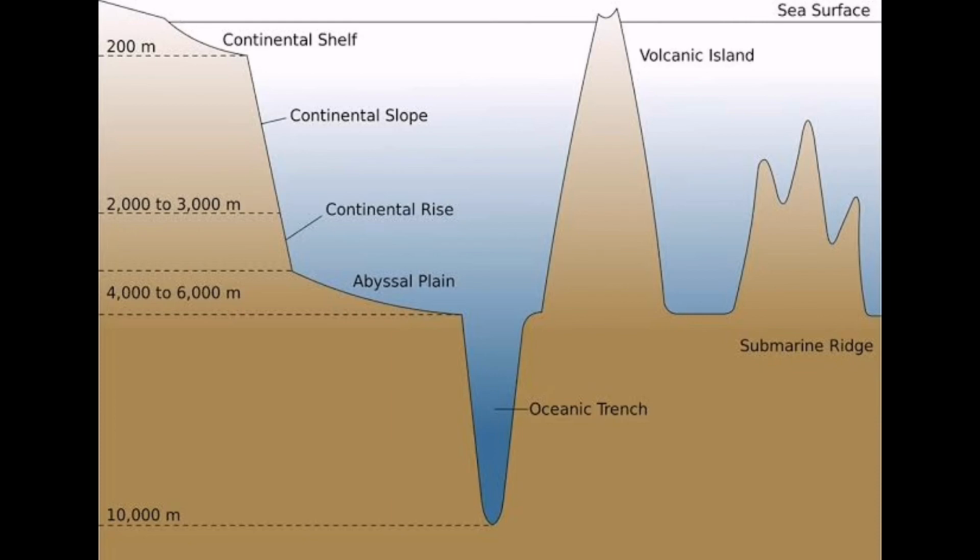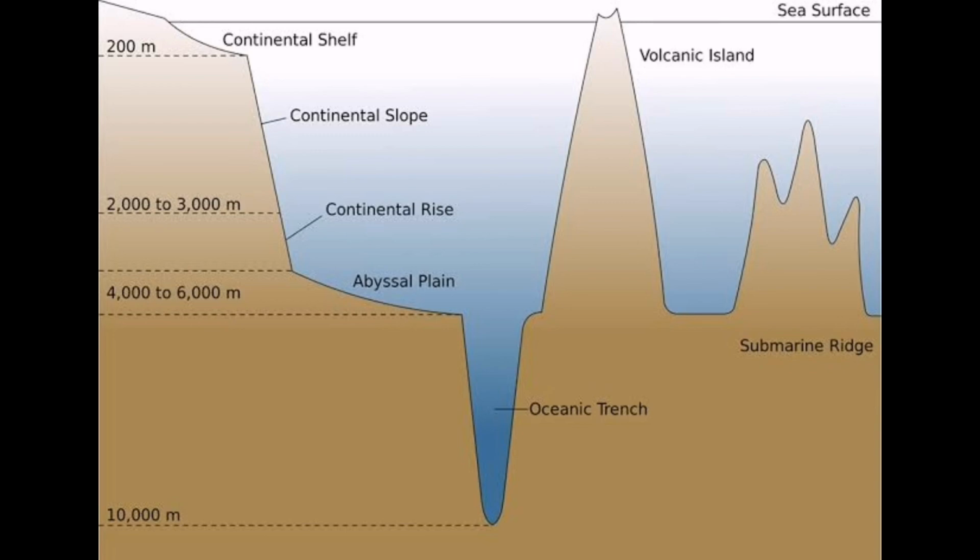Now the continent boundaries are also marked in the ocean. So how are they marked? With the help of this continental slope, because the lower boundary of the continental slope is considered to be the boundary of the continents. Understood, children? After the continental shelf, there is the continental slope. The depth of the slope is from 200 meter to 3600 meter. In some places it is narrow, in some places it is more.